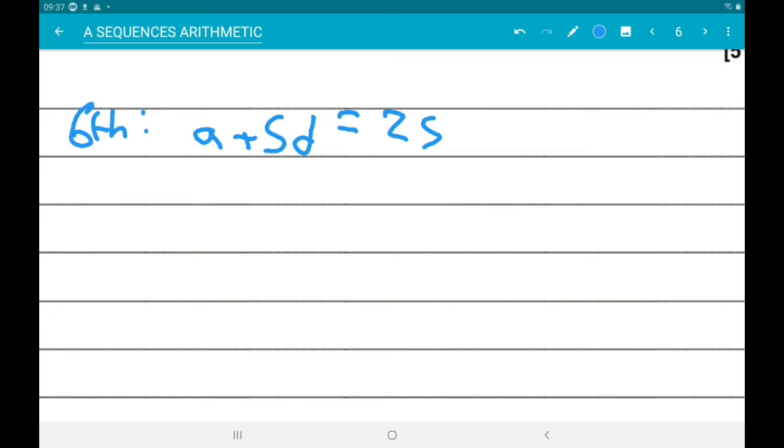So what this allows us to do is find d in terms of a, and then we can, believe it or not, substitute that into what we did in part A. So from this, d is, well, we're going to subtract a and divide by 5. So d is 25 minus a over 5.